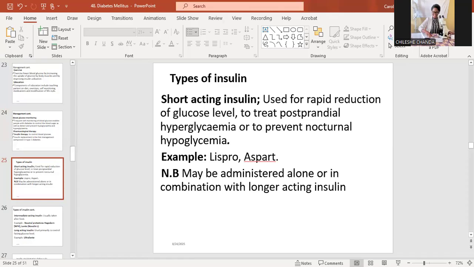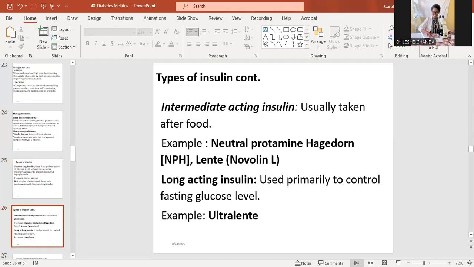Examples include aspart, lispro. Now, these can be administered alone or with long-acting insulin.